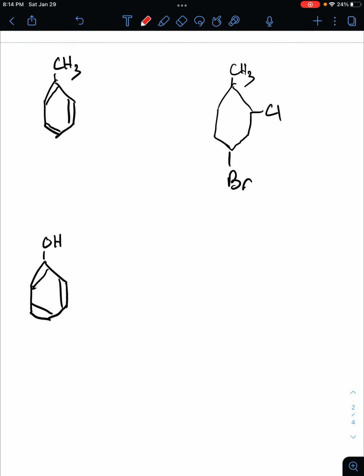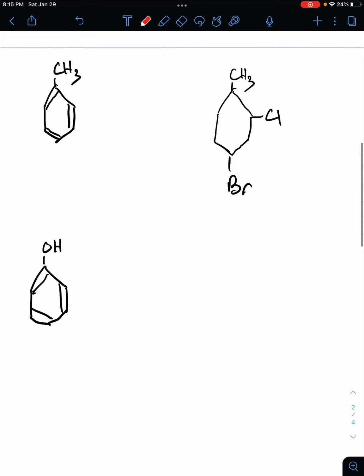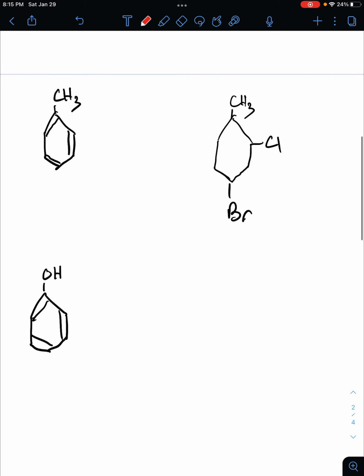You're going to deal with a lot of common names in organic 1 or organic 2 when you deal with your arenes. And a lot of these common names have been adopted into the IUPAC system because they're so well known. So instead of calling it by its technical IUPAC name, you'll just call it by its common name.